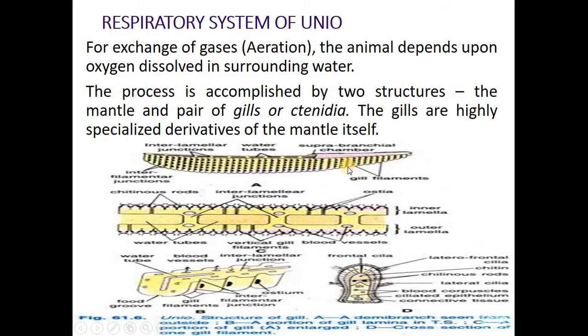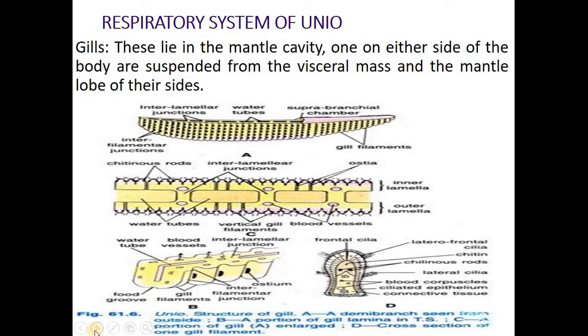These are the gill filaments arranged parallel to one another, and close to the gill filaments we observe the interlamellar junctions, the ostia, and the chitinous rods. The gills lie in the mantle cavity, one on either side of the body, and are suspended by the visceral mass and the mantle lobe of their sides.